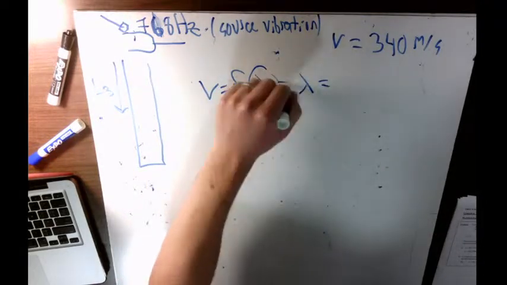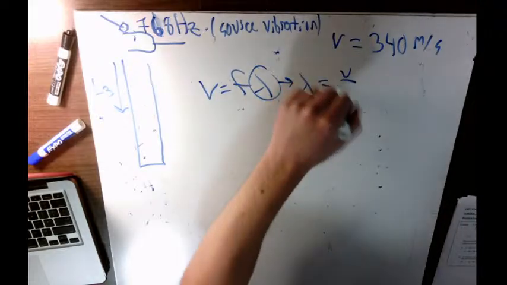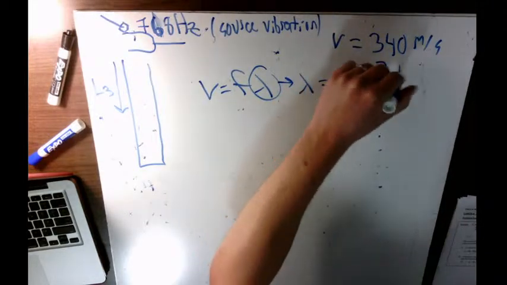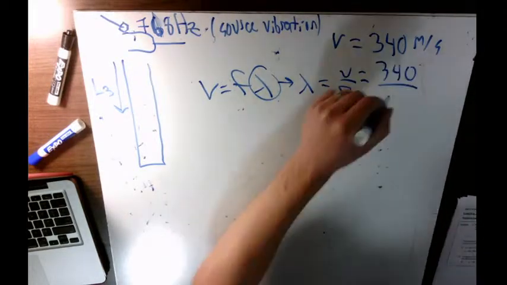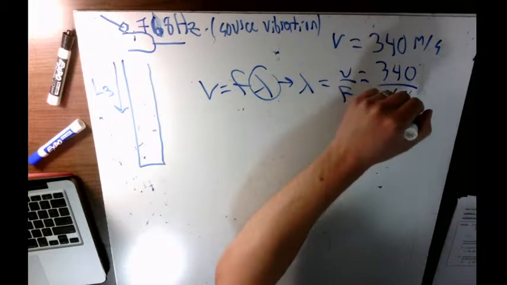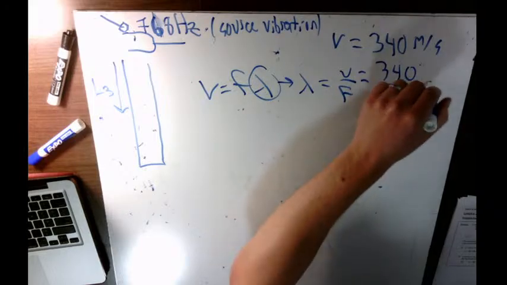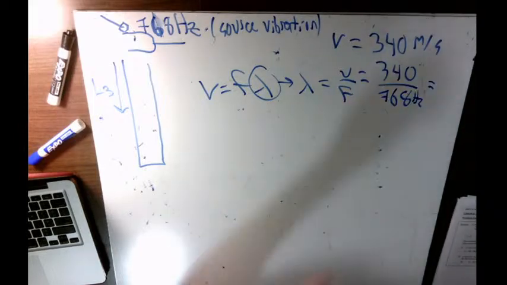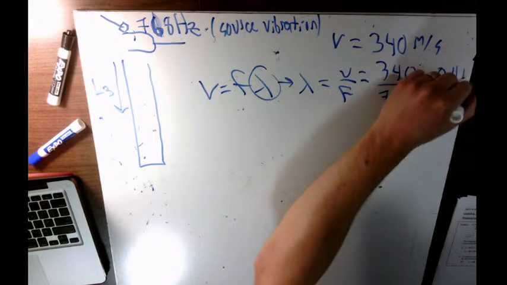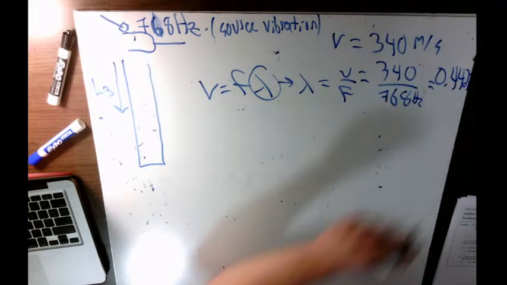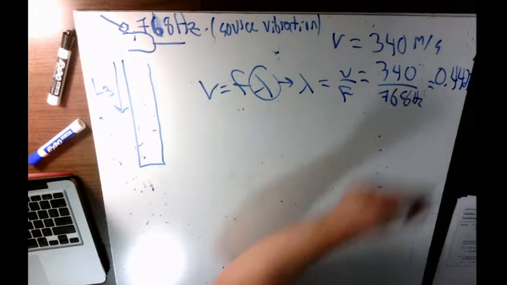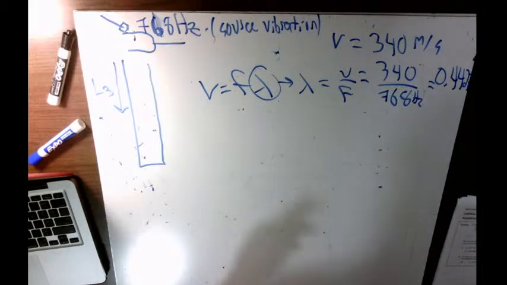Wavelength is equal to V over F, 340 divided by 768 hertz. Meters per second divided by 1 over seconds gives us meters as wavelength, which is 0.4427 meters, or 44.27 centimeters.